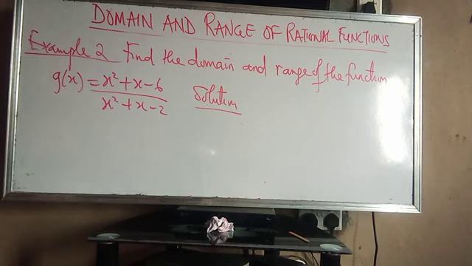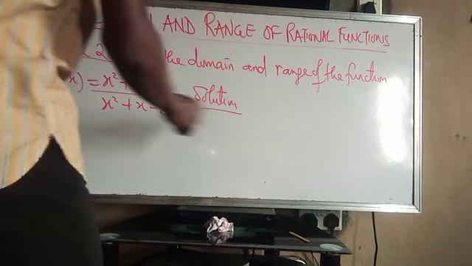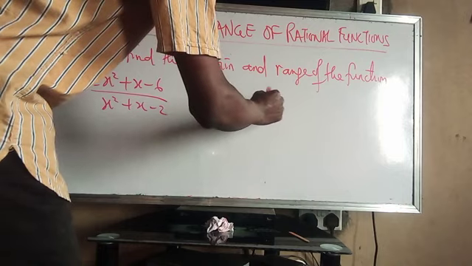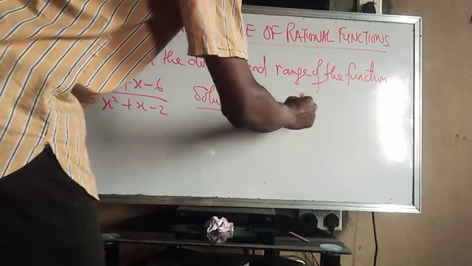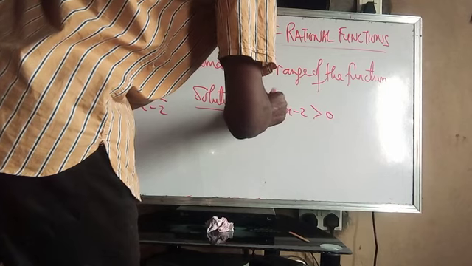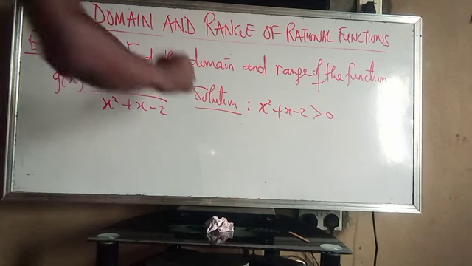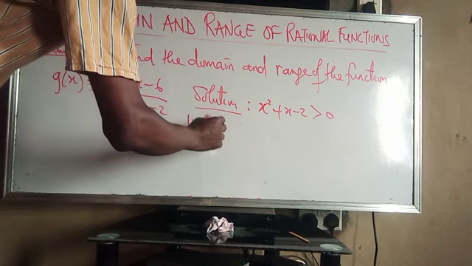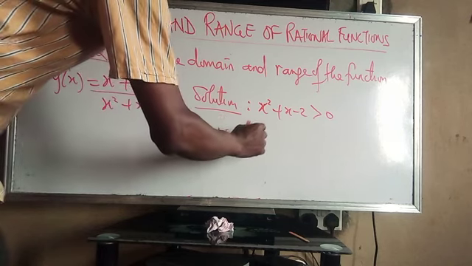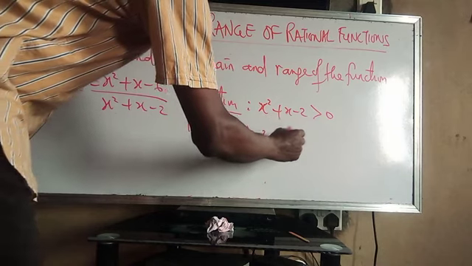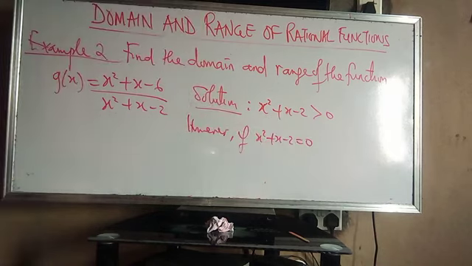is defined. So for this expression to be defined, x squared plus x minus 2 must not be equal to 0. If it is equal to 0, the expression will be undefined. So we want to find the values of x for which the expression will be undefined.